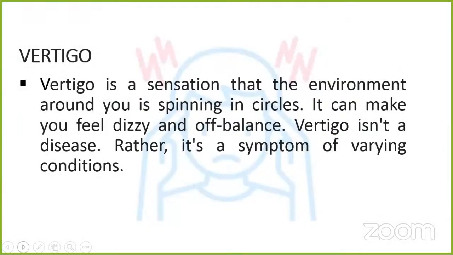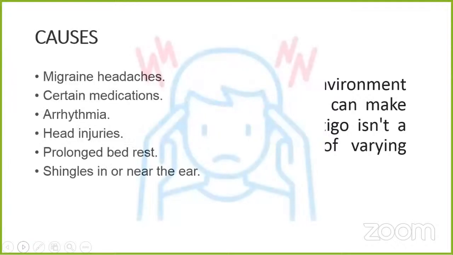Vertigo is a sensation that the environment around you is spinning in circles. The person who is having vertigo may feel like the room is spinning, which makes the person feel dizzy and out of balance. It is not a disease, actually it is a condition. The causes for vertigo could be migraine.